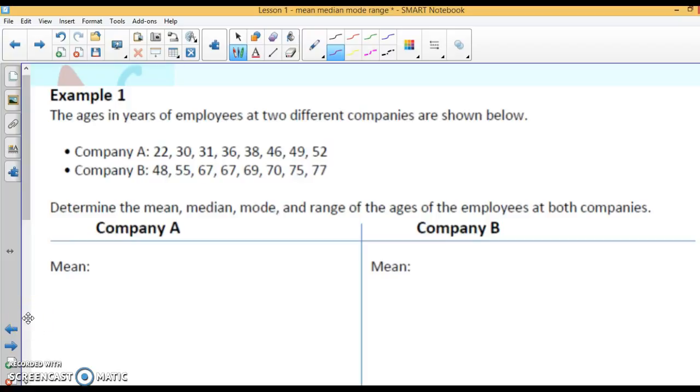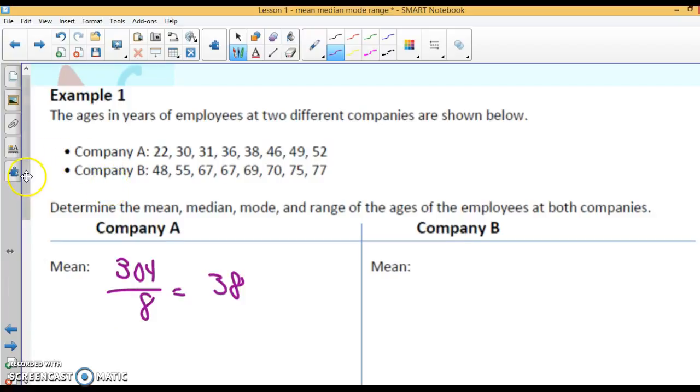No. But what I want you to do is add them. You can use a calculator. If you add for company A, you end up with 304 as the total. And then if I count 1, 2, 3, 4, 5, 6, 7, 8, there are 8 numbers. So 304 divided by 8, you end up getting 38. I want to see that work for your mean.